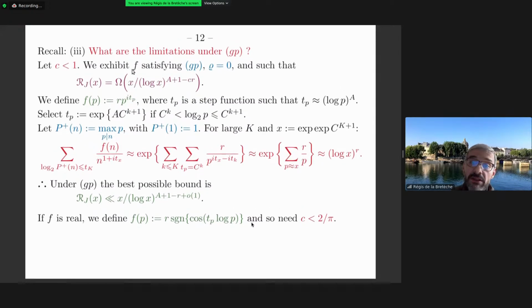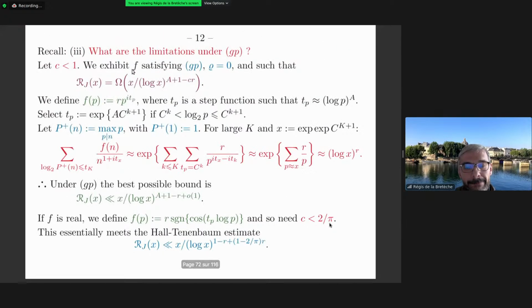And then we need to restrict to C less than 2 over pi. So this essentially meets the old Tenenbaum estimate. You remember the upper bound that I gave previously.